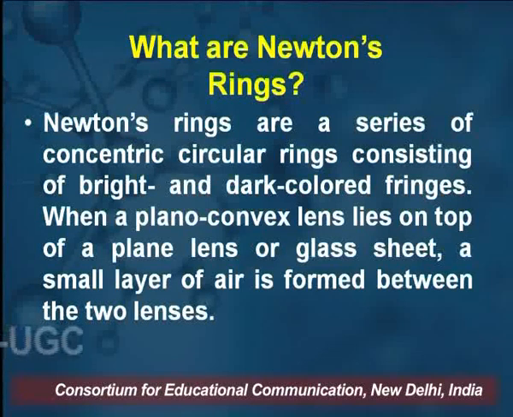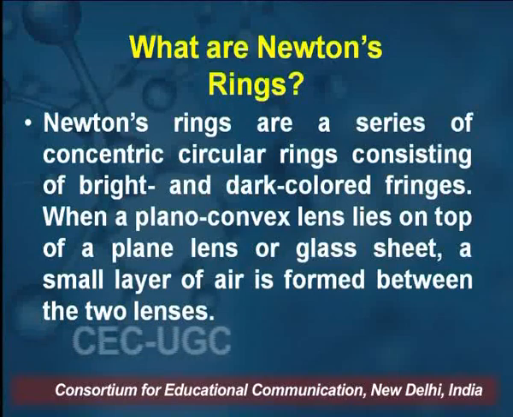This Newton's ring experiment is the interference of light, where we use two coherent sources, or in fact two virtual coherent sources, to get the interference pattern which consists of bright and dark fringes, but in the form of a series of concentric circular rings.